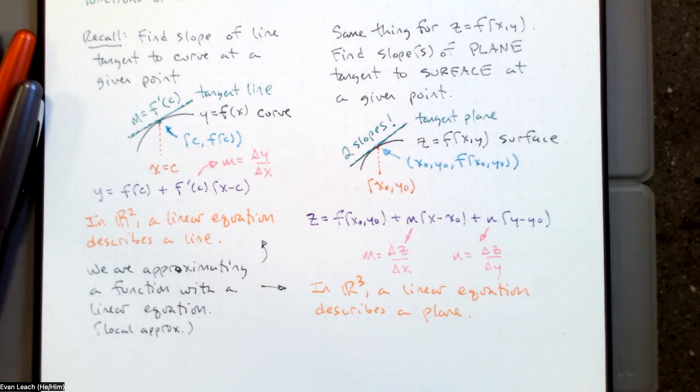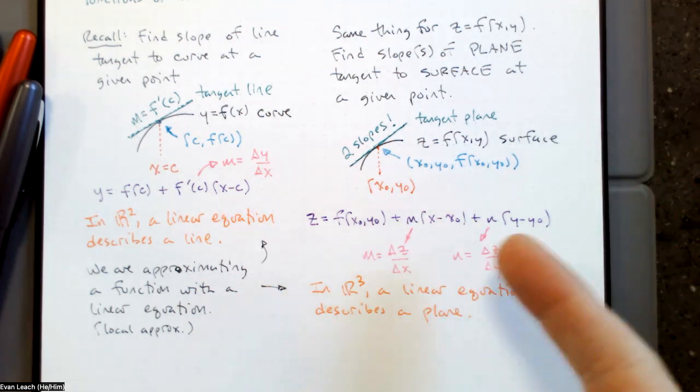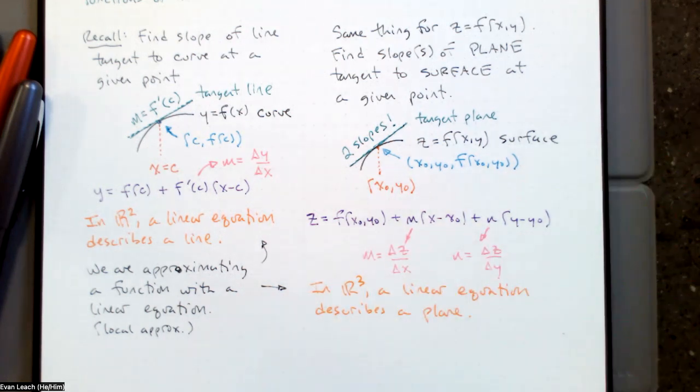This is why we want to come back to this tangent plane business with the two slopes, and also why we wanted to write those two slopes as dz dx and dz dy, because it compares favorably to the way we wrote the equation of a line, where f prime of c was delta y over delta x. The delta y over delta x just becomes dy over dx, when instead of having some positive delta x, we let delta x get small, go to 0.